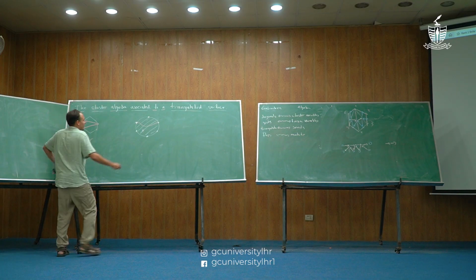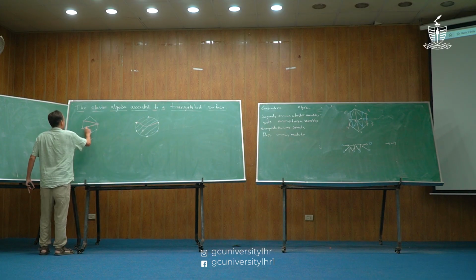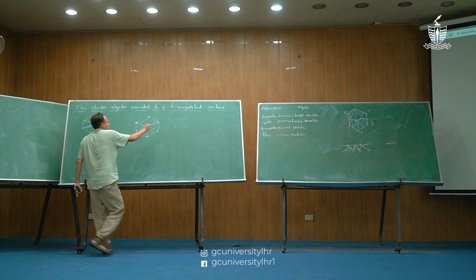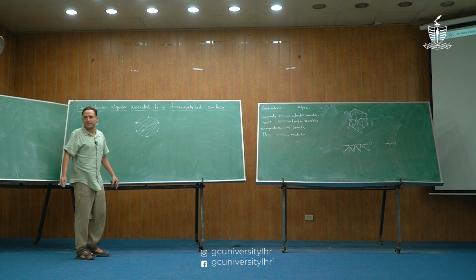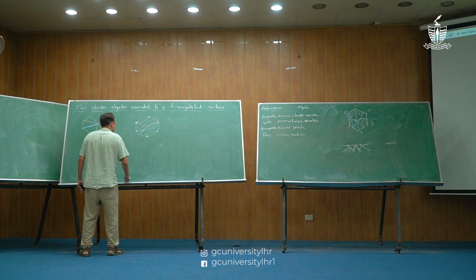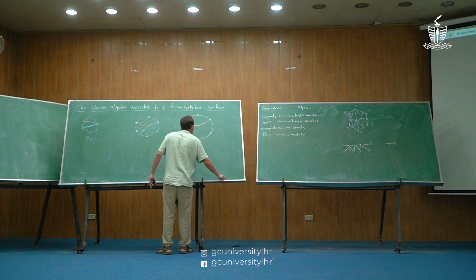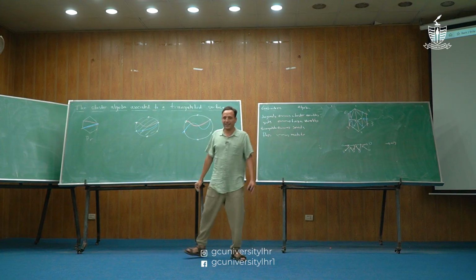So this arc can be represented, let's put it in blue. This guy could have been represented by this guy, right? But it could also be represented by, let me just do another figure, that guy could be represented by this guy, right?